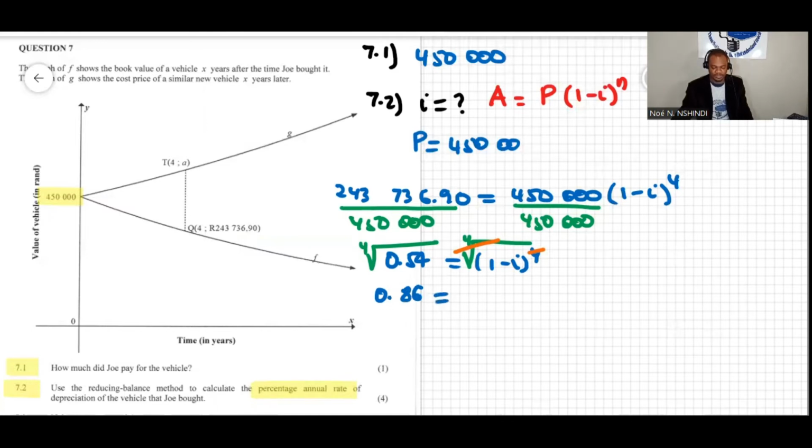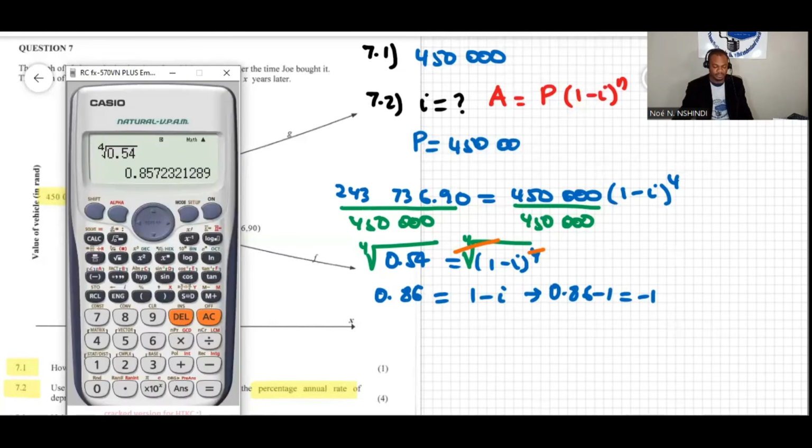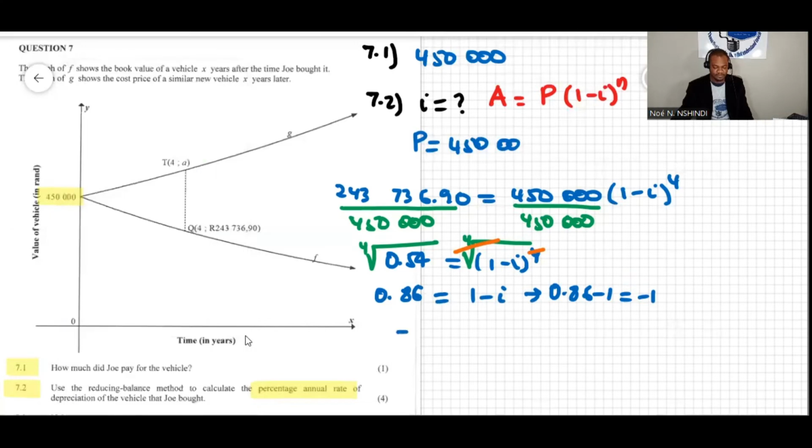So 0.86 equals 1 minus I. If I move the 1 over, this will be 0.86 minus 1, which is negative 0.14.